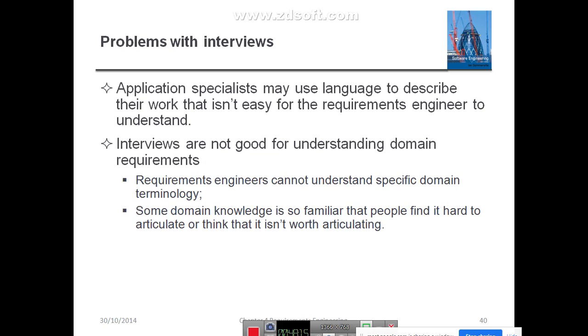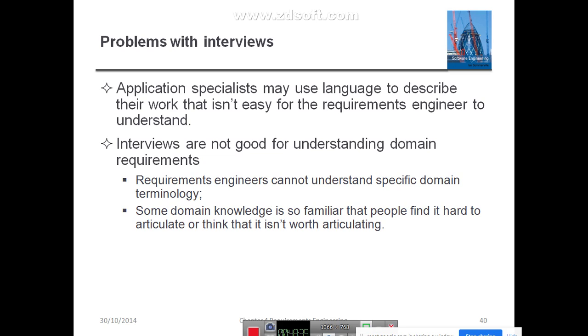Yes. The next is what all the problems are there with respect to the interviews, right? Now in interviews, the application specialist may use language to describe their work that is not easy for the requirement engineer to understand. That is one more example about the interviews.